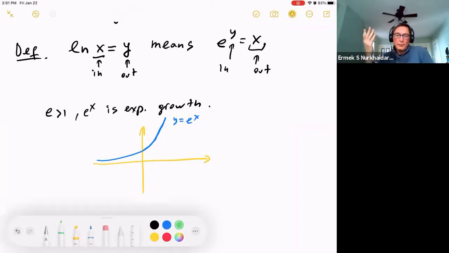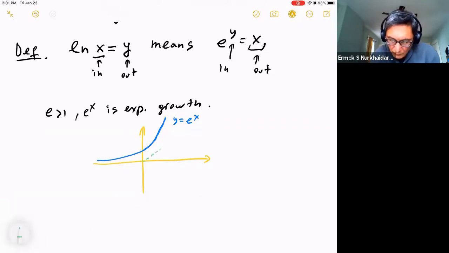Now, if you want to build the graph of natural log x, that is the inverse function. And you recall the graph of an inverse function: we switch x and y. When we switch x and y, we're flipping it around the straight line y equals x.